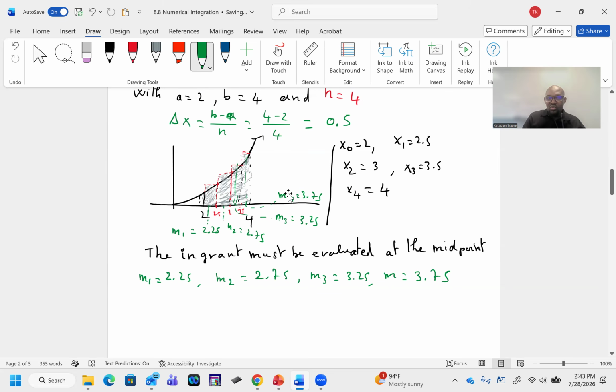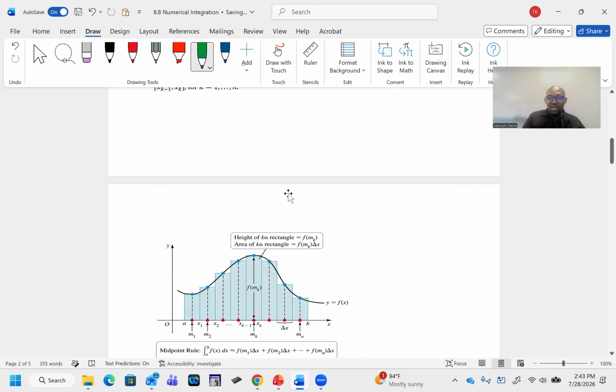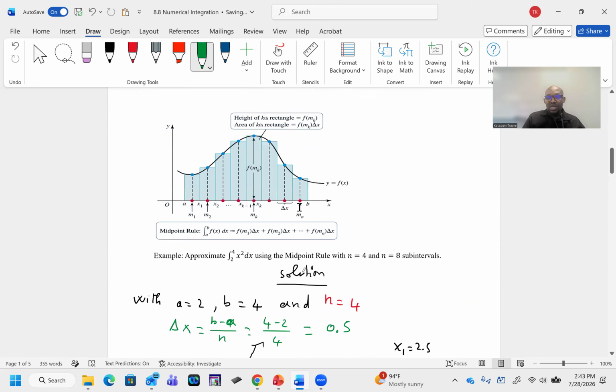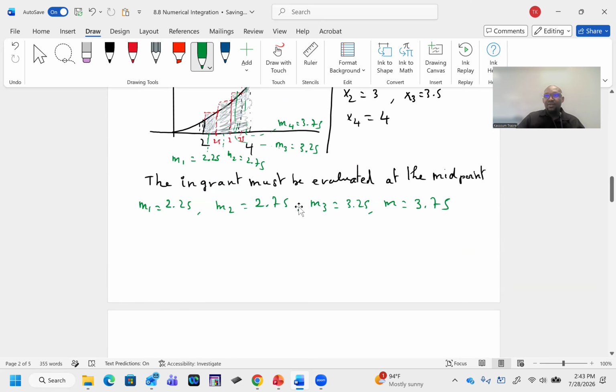Again, I'm just using the formula that is given to you here: f of M1 times delta x plus f of M2 times delta x, and so on. That's what you use when we are looking for the midpoint. Do not forget, f of x is x squared, and n is 4.